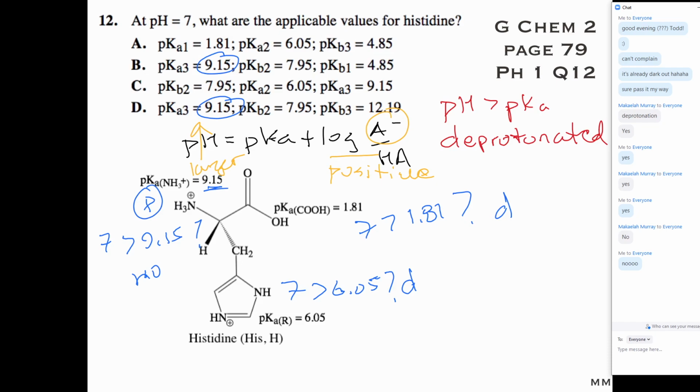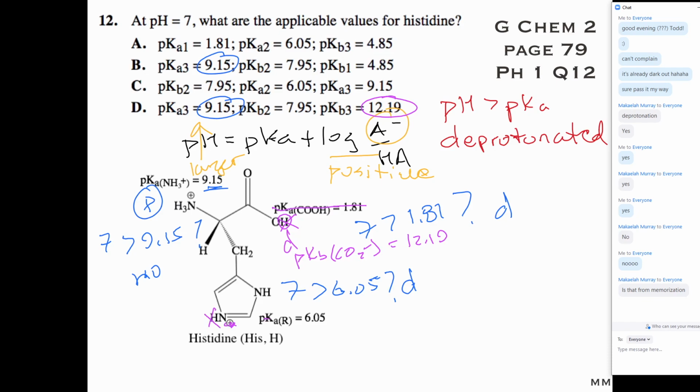Okay, so if this one gets deprotonated right here, so let me get rid of that and make it deprotonated. Now I'm going to worry about the pKb of CO2 minus, which is 12.19. And then this right here is going to get deprotonated.